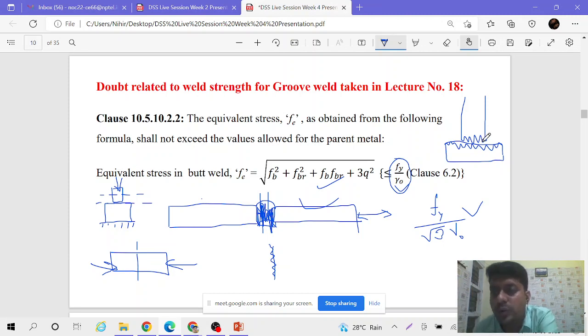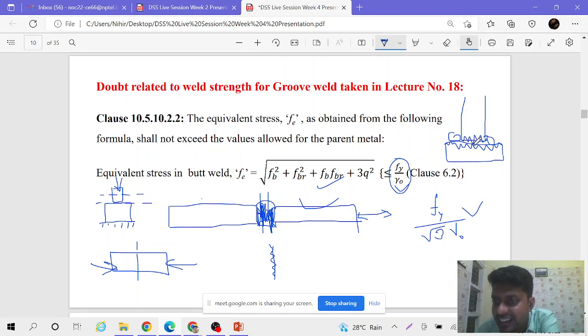So when you take a microscopic look, you can see that it is not fully straight or fully smooth. You can observe zigzag portions like this, and it will also be zigzag here, so it will not be in contact. So when you are going to provide weld here, we are assuming that this is smooth and this is smooth.